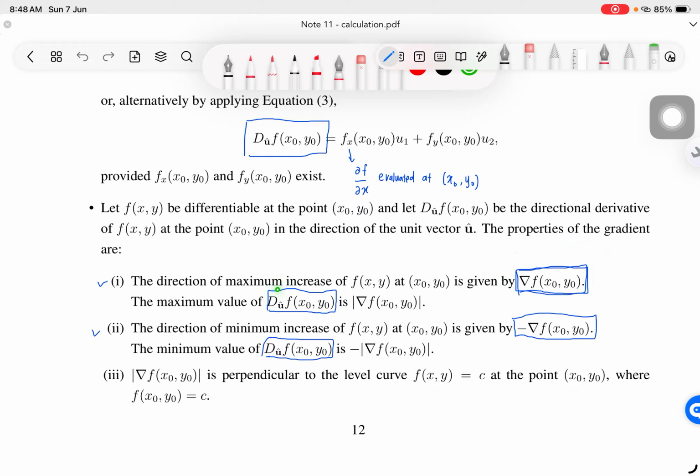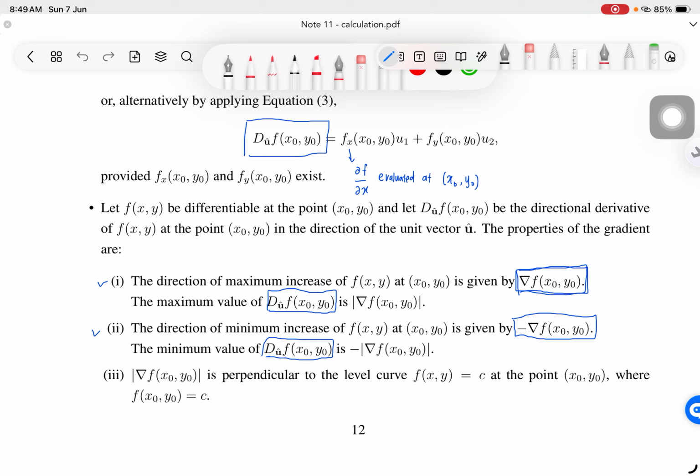So that one is for maximum. But the direction of minimum increase is given by the negative of this one, so your directional derivative is the negative magnitude of this one. Meaning that for maximum the sign is positive, for minimum the sign is negative.